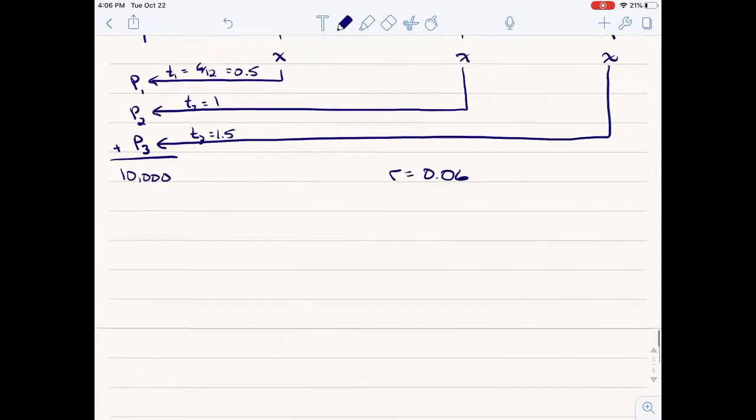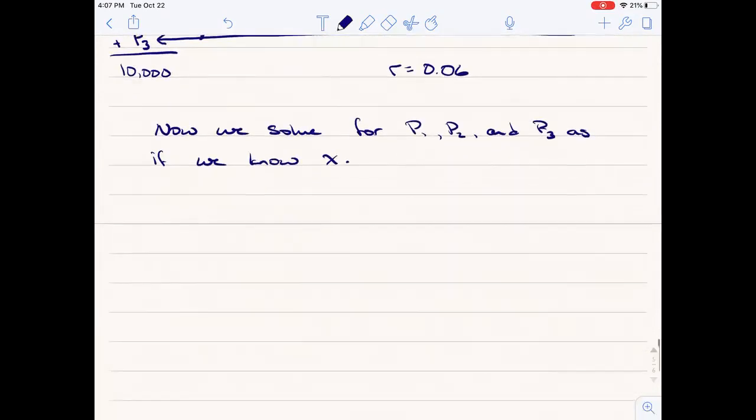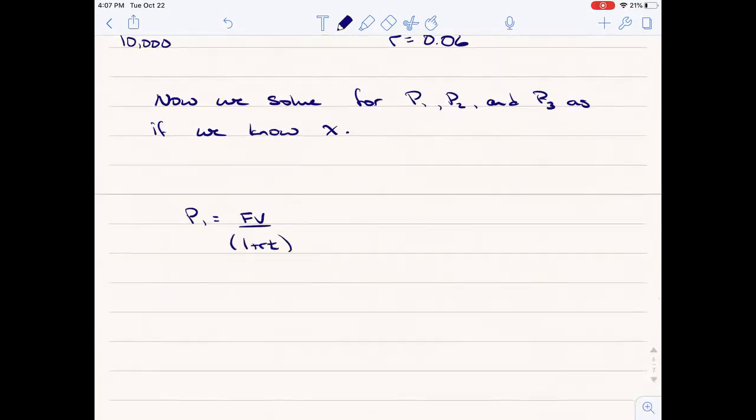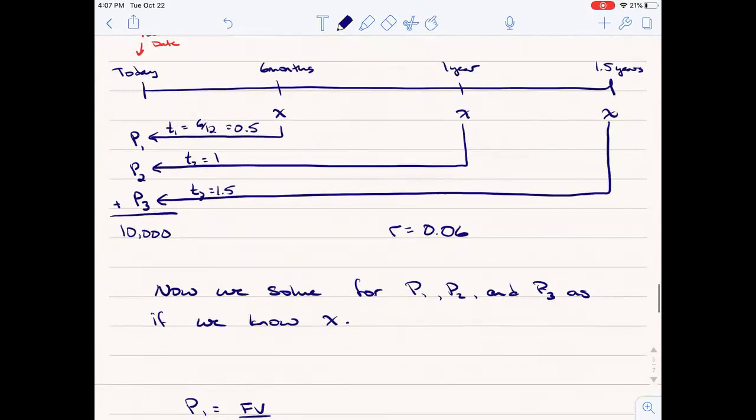Here we go. So now we solve for P1, P2, and P3 as if we know X. And so P1 is the future value over 1 plus R T1, just being picky. The future value for all of these is going to be X. We don't know what X is, but we can still use it.